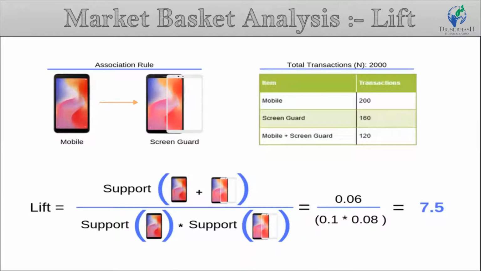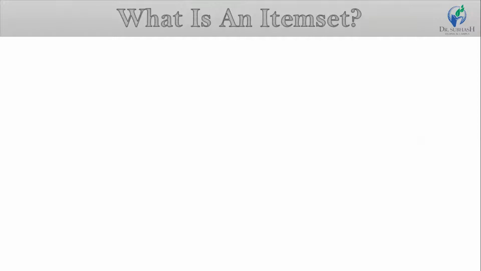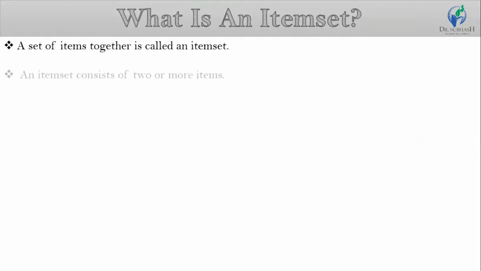Now I explain our main topic of this session, the Apriori algorithm. For that, first we discuss what an item set is. A set of items together is called an item set. If any item set has k items, it is called a k item set. An item set consists of two or more items.